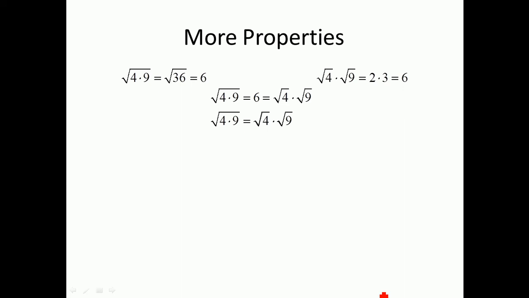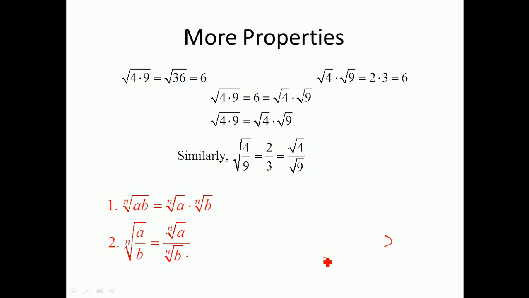So they're equal, right? Similarly, the square root of 4 over 9 equals the square root of 4 over the square root of 9. The rule we get from that is that you can break numbers or terms up under the radical into 2 separate radicals through multiplication and division.